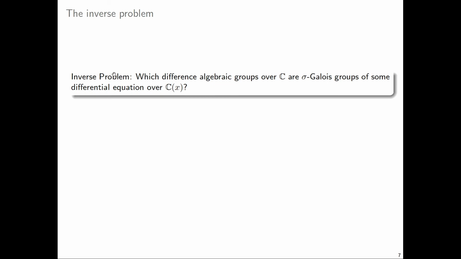So what we're interested in our project was the inverse problem: which difference algebraic groups are sigma Galois groups of some differential equation, or to be more precise, I should say, are sigma Galois groups of some sigma Picard-Vessier extension of some differential equation, because the Picard-Vessier extensions are not unique.